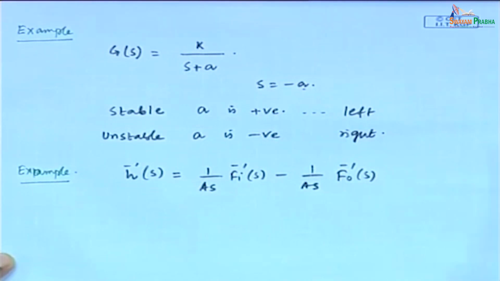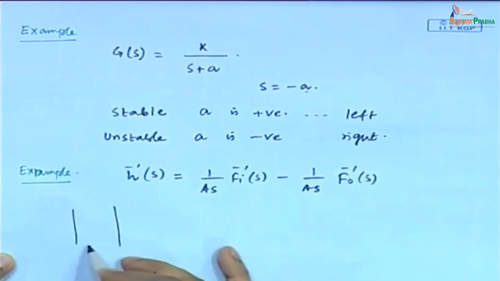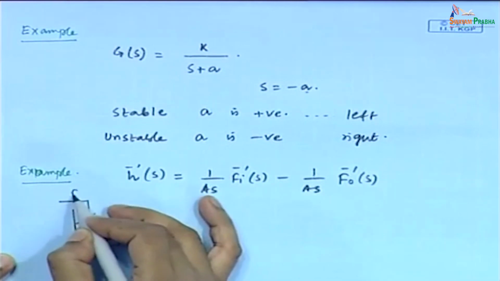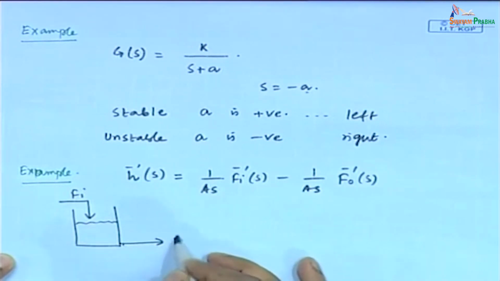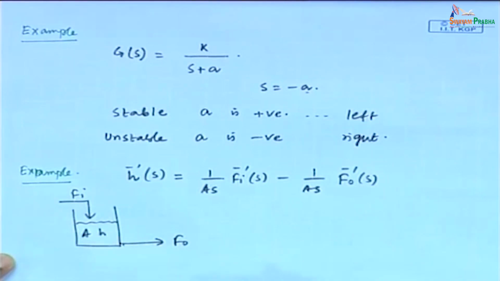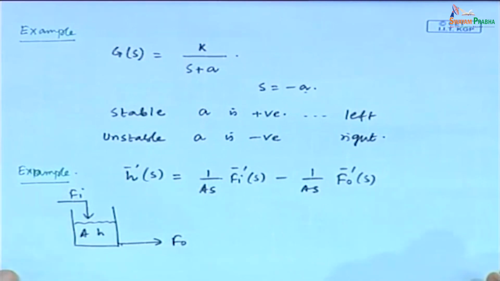Fine. And this model we got considering this system, F I and F naught. A is the cross sectional area and h is the height.